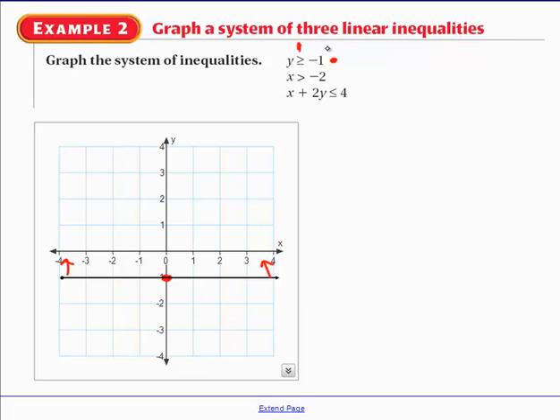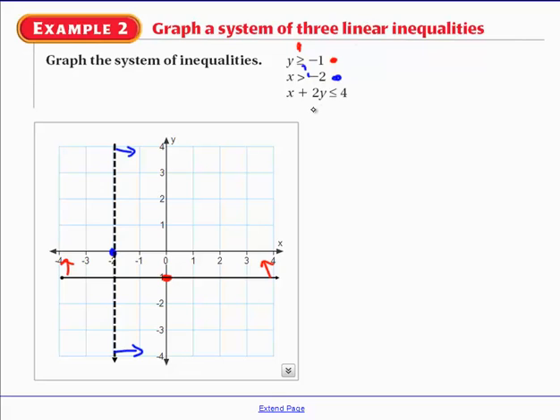My second line is x is greater than -2. So here is my -2. And it is a dashed line because there's no equal sign. And I want x's to be greater than -2, so I'm going to go to the right here. So right now it's over here, so this is the region that we get.